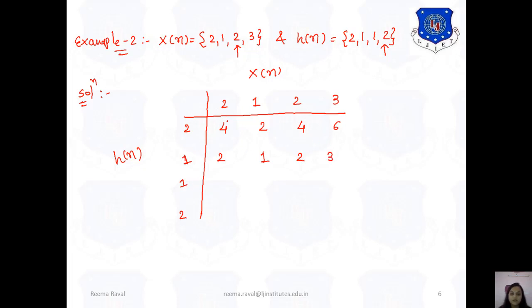Then next, 1 into 2, 2, 1 into 1, 1, 1 into 2, 2, 1 into 3, 3. The next will be 2 twos are 4, 2 into 1, 2, 2 into 2, 4 and last 2 into 3 will give you 6. Okay, same way we are going to make the partitions and we are considering the segments to get the output system function.